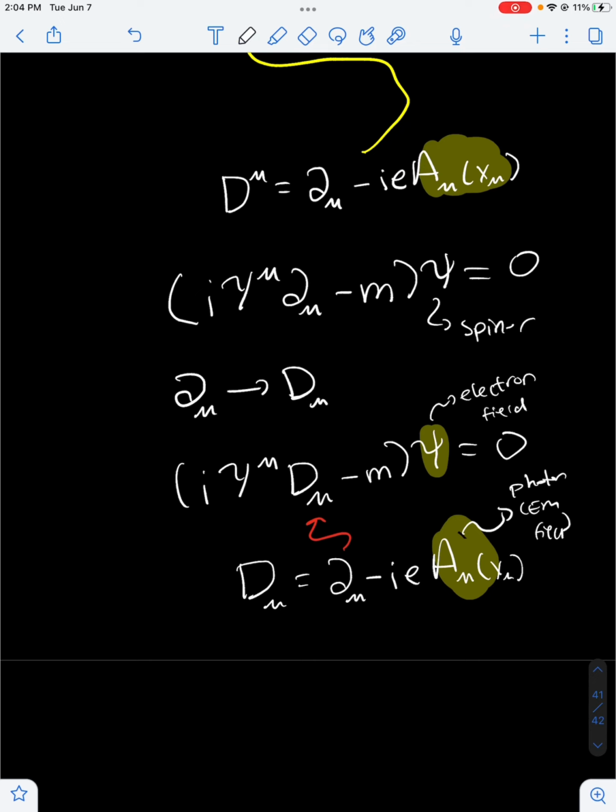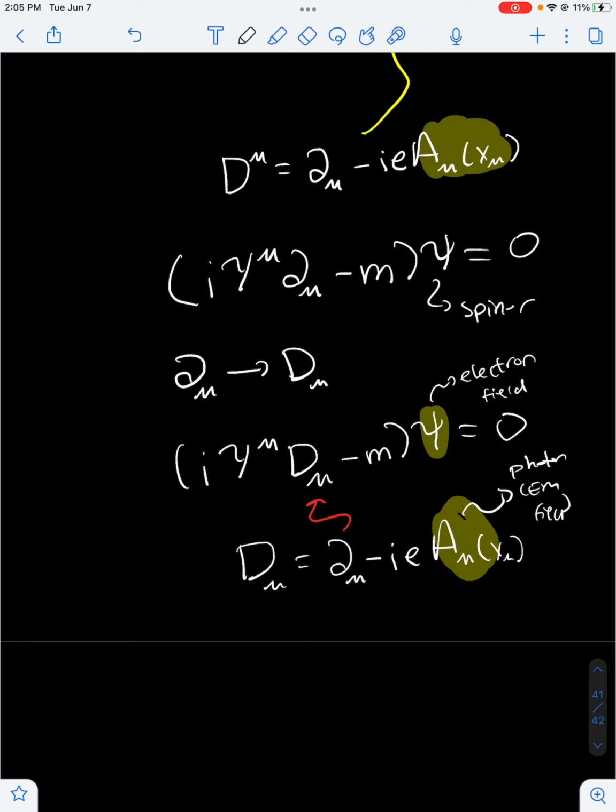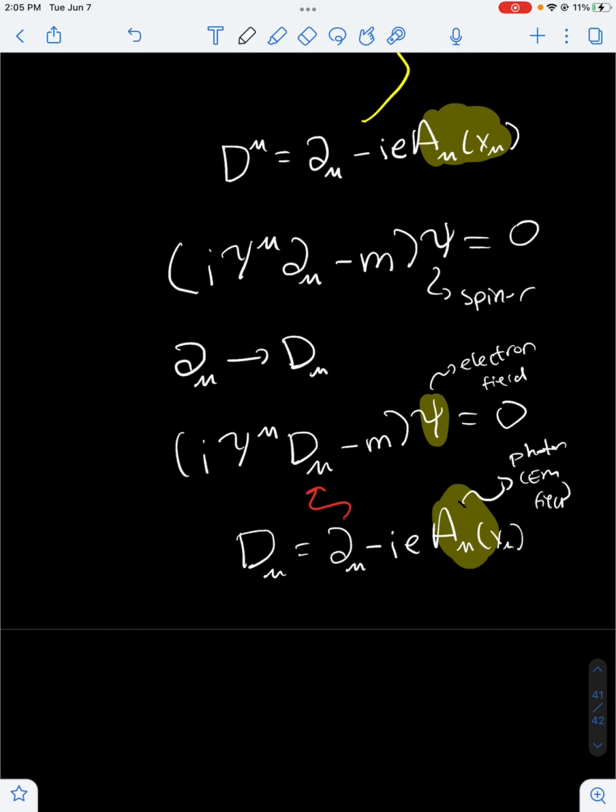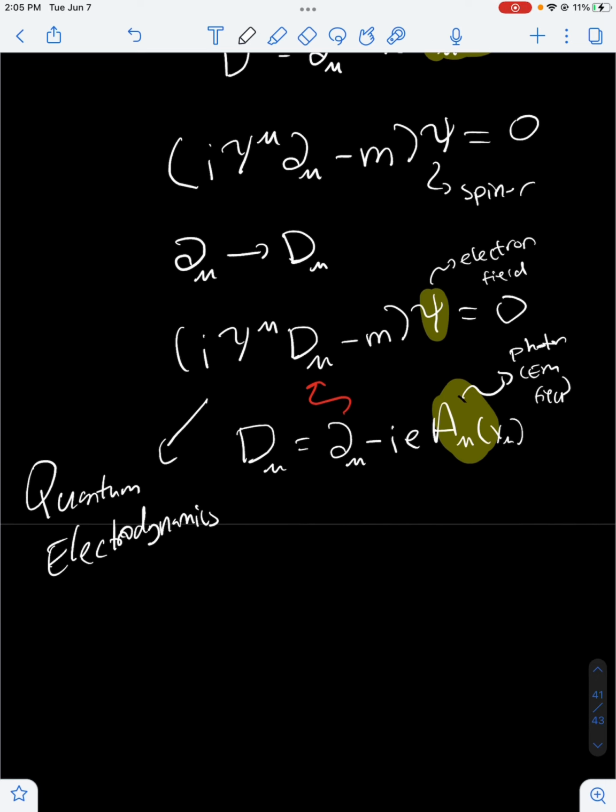By plugging the covariant derivative into the Dirac equation, we get an equation that describes the interactions between the spinor field and the vector gauge field, or better said, interactions between electrons and photons. And this equation is the cornerstone for quantum electrodynamics. This equation allows us to describe how electrons interact with light and how charged particles interact electromagnetically. So it's a pretty big thing.